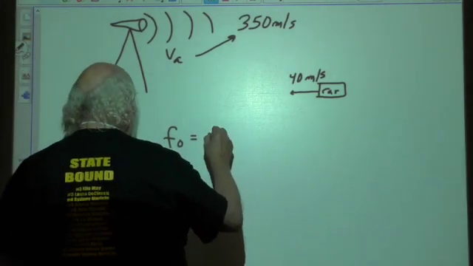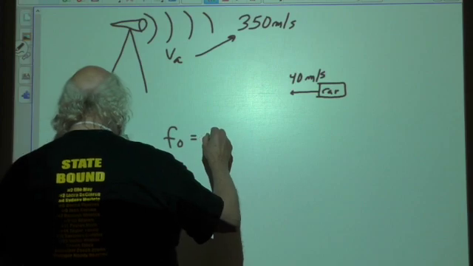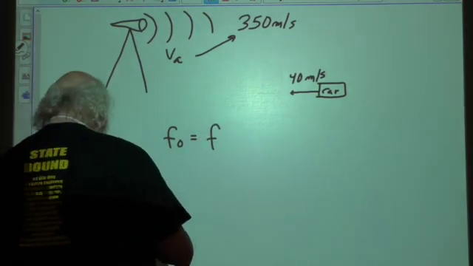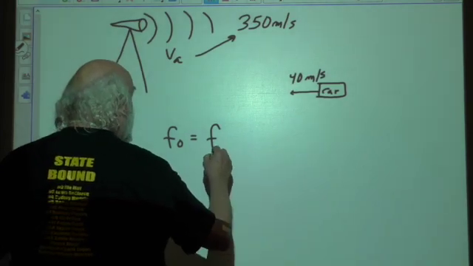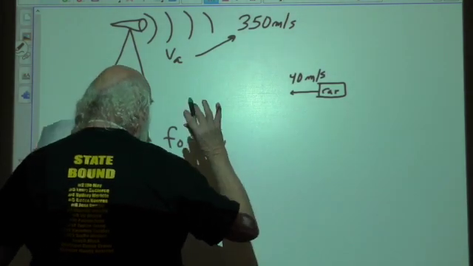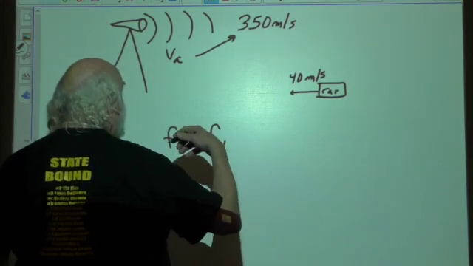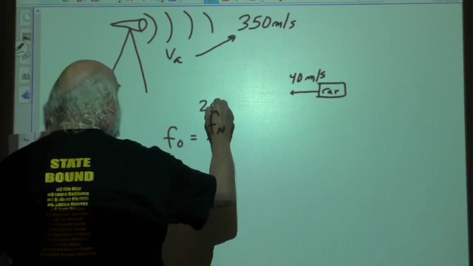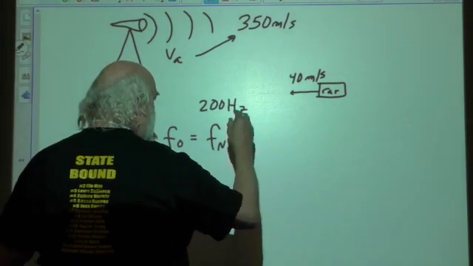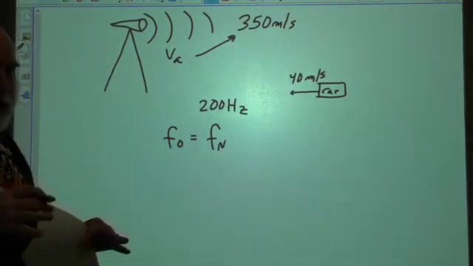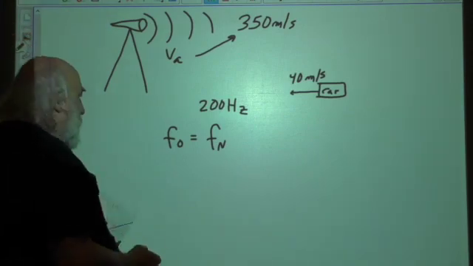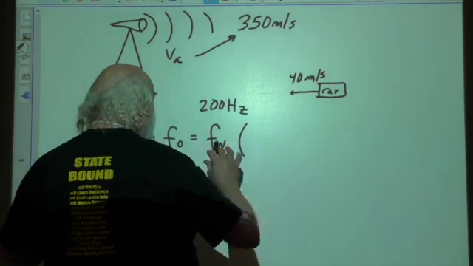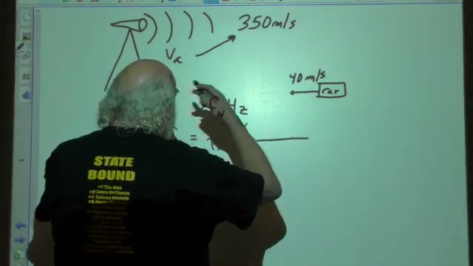It's going to be the frequency of the noise, what's coming out, which again, let's say is 200 hertz. Trying to keep the same so we can examine what new values we're going to get, and then we can compare across that. Times, and now this is going to be reversed because we're going the opposite direction.